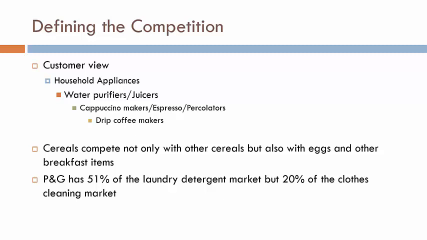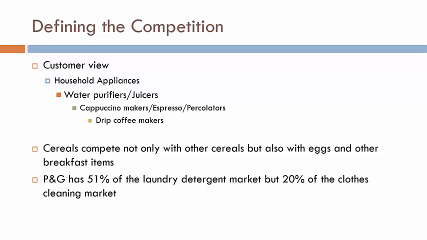So with this demand side view, it's very easy to see that cereals compete not only with other cereals, but also with eggs, breakfast bars, and other breakfast items, right? So yes, other cereal manufacturers are competing with, let's say, Kellogg's cereals, but that's not where the cereal businesses should stop. Then they're being myopic, because they have to understand the industry they're competing in and the underlying need they're trying to satisfy. The underlying need for that product is breakfast.